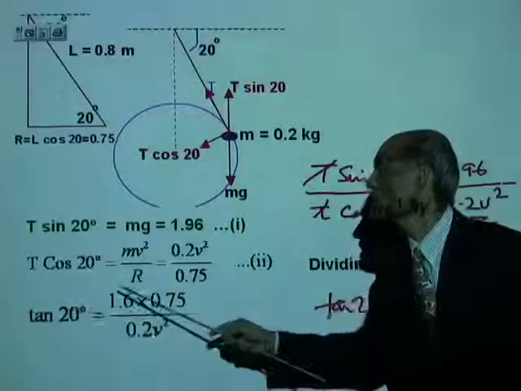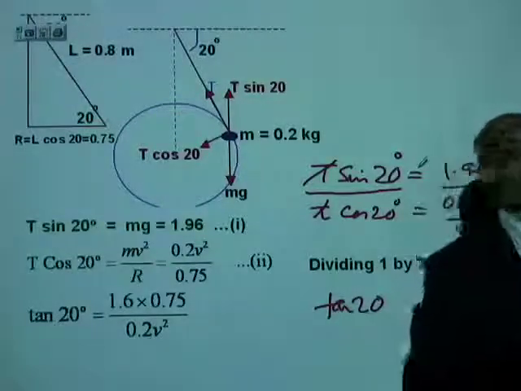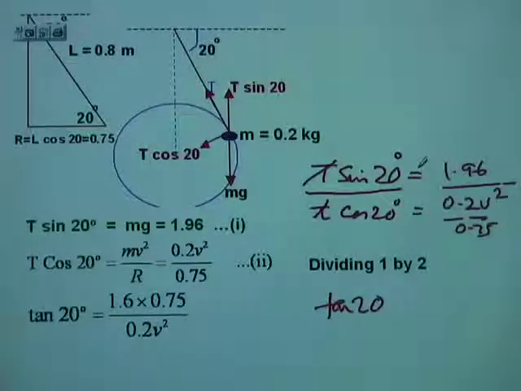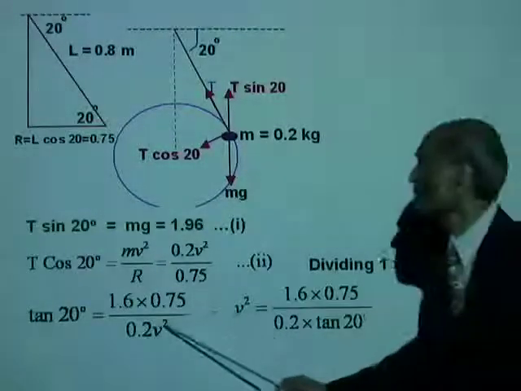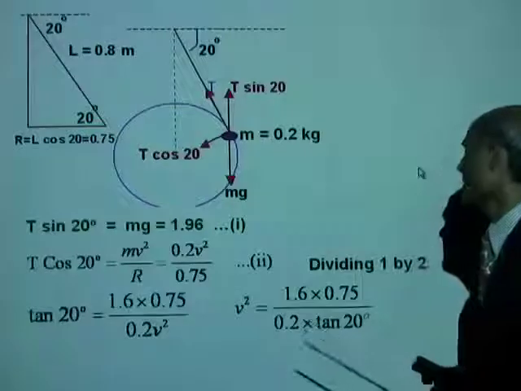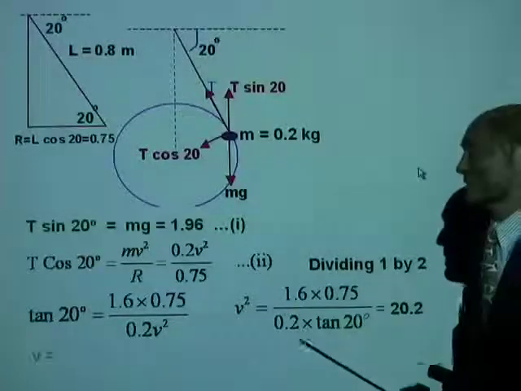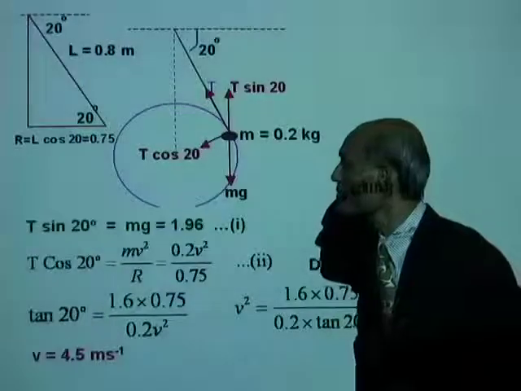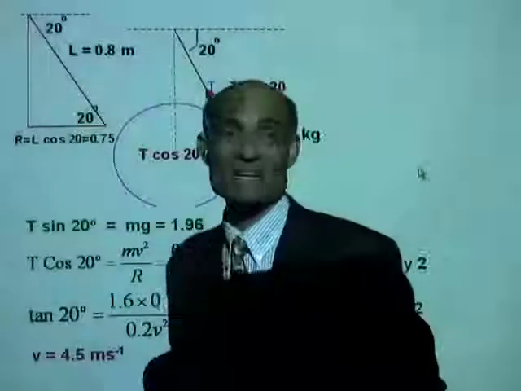Tan 20 equals 1.96 times 0.75 divided by 0.2 v squared, and solve v squared from there, and that gives you 20.2, and therefore v equals 4.5 meter per second.